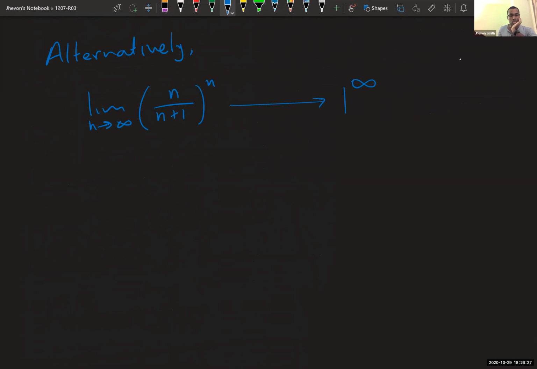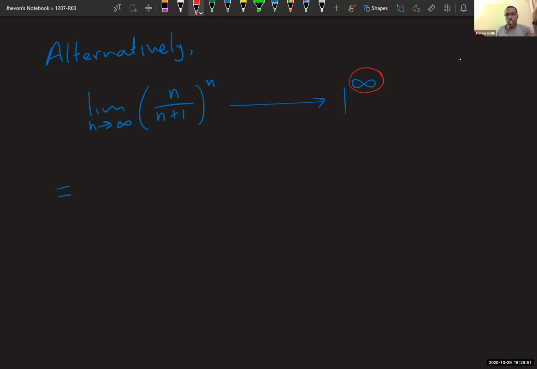What do you do? In fact, you notice that the power is a problem. What do you want to do when a power is a problem? Take the natural log. You want to take natural logs, right?